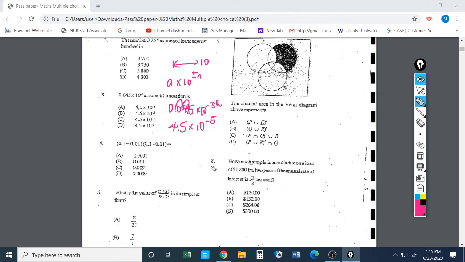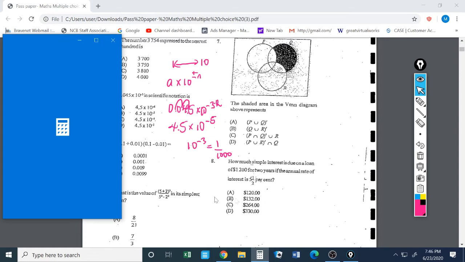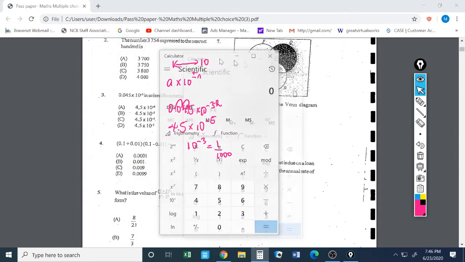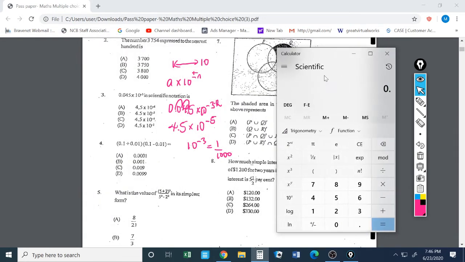Another easy way to do this, guys, is to remember that 10 to the negative 3 is actually equal to 1 over 1000. So if we have 0.045, let's use our calculators. We take 0.045 and divide it by 1000, and we end up with 0.000045.